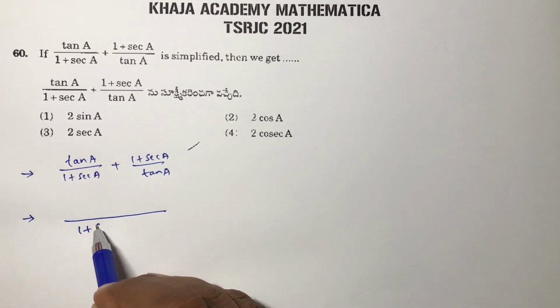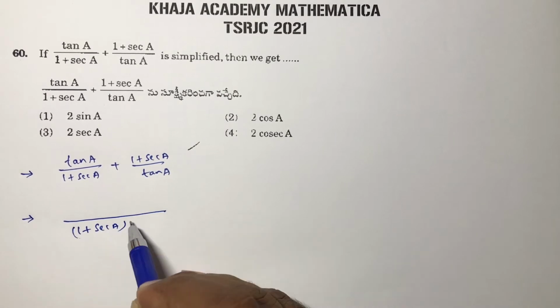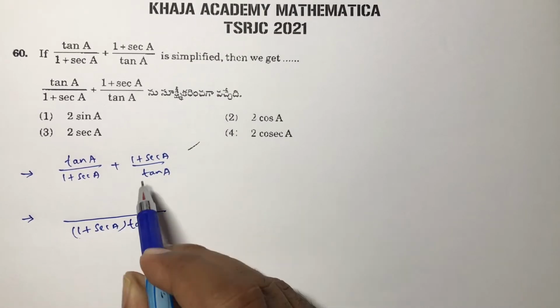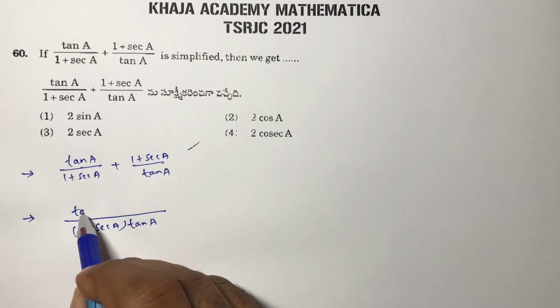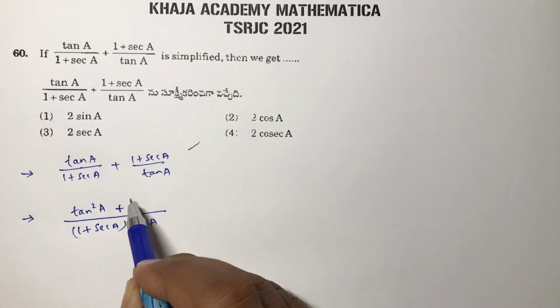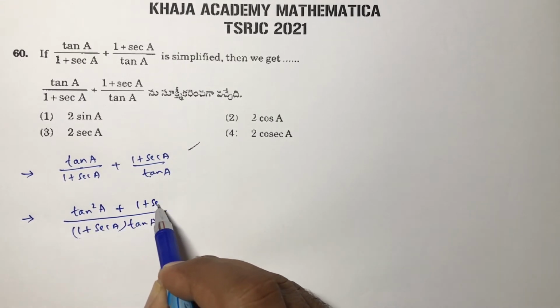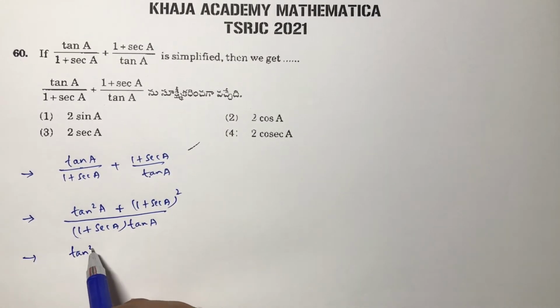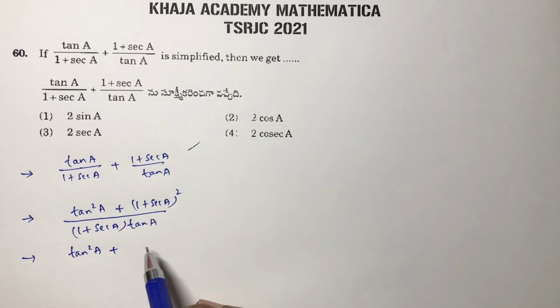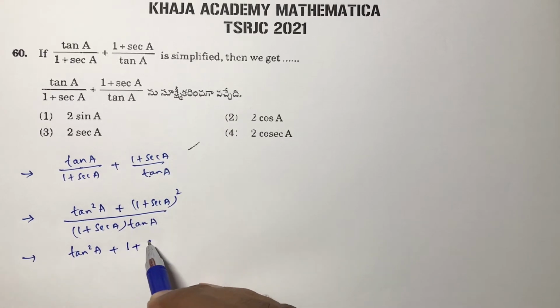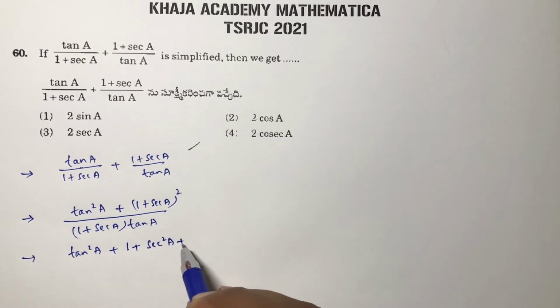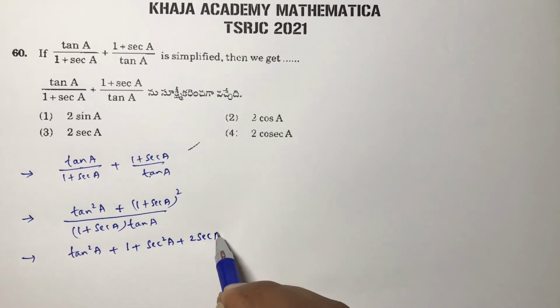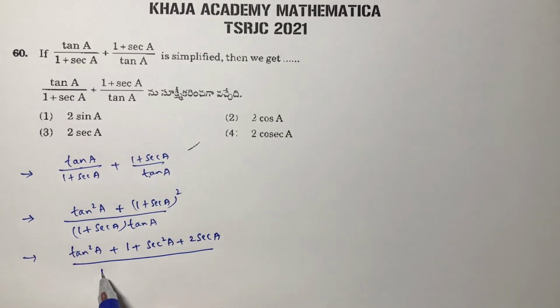So 1 plus sec A into tan A. If you multiply here, you will get tan square A plus (1 plus sec A) whole square. So tan square A plus, (a plus b) whole square is a square plus b square plus 2ab, by 1 plus sec A into tan A.